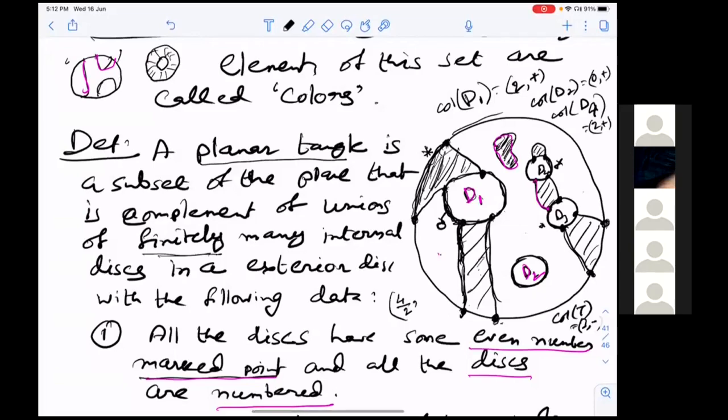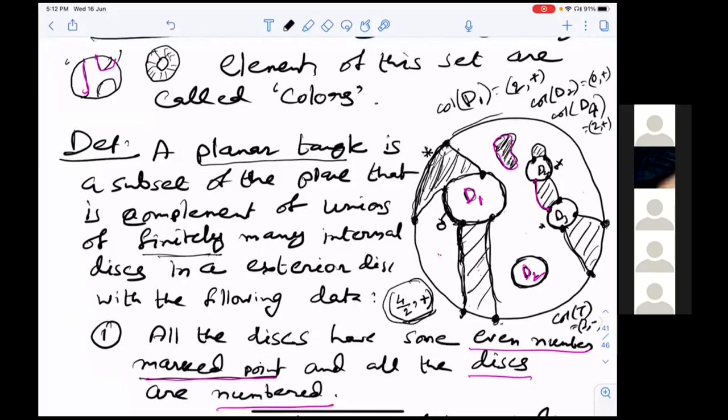Whether this distinguished arc is in the white region or in the black region. If it is in the white region, we put a plus. So the color of this disk is 2 plus. But for the external disk, here there are 6 points. So it should be 3, either plus or minus. So see the star region. This is the star arc. The star arc is in the black region. So it should be 3 minus.